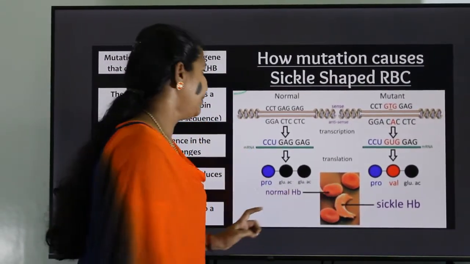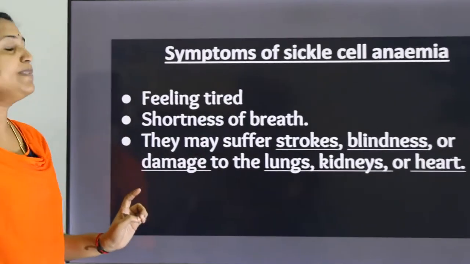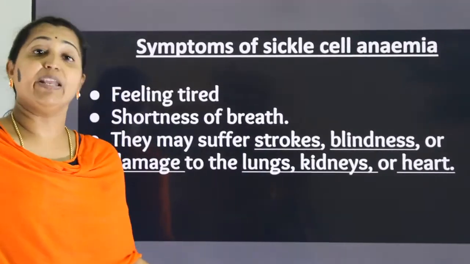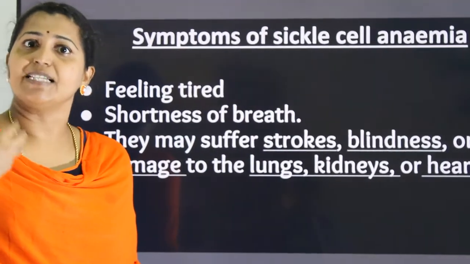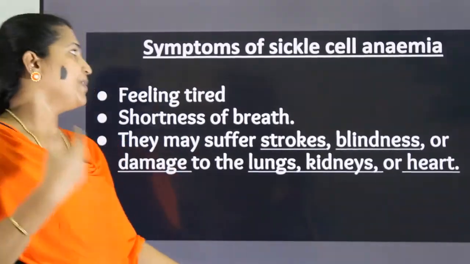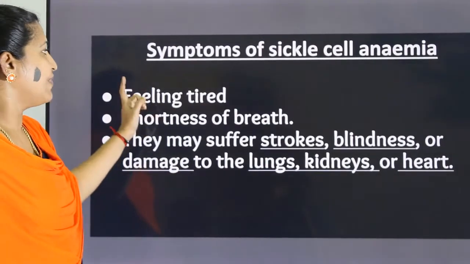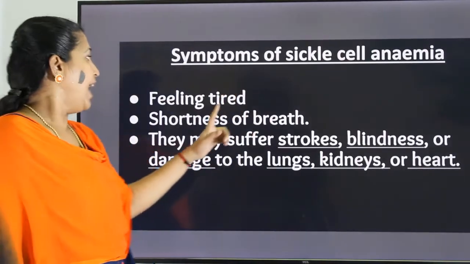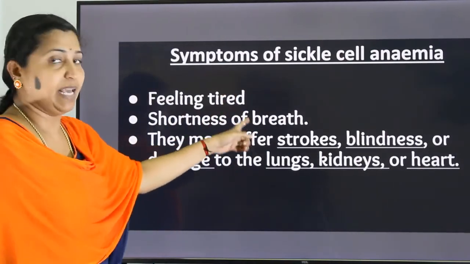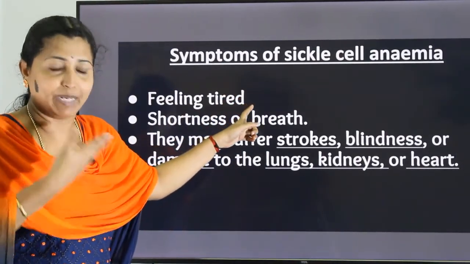Clear? Now we can see the symptoms of sickle cell anemia. It is very, very important because most question papers will have questions on listing the symptoms of sickle cell anemia. So remember, the first one is feeling tired, which we can say is fatigue. Next is shortness of breath; there may sometimes be difficulty to breathe.